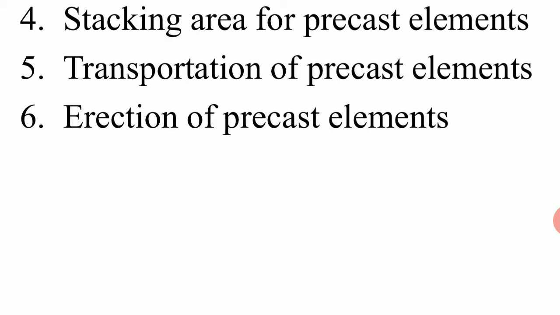Before that, we place them at a safe area, so that whenever they are required at the construction site, we can shift them from the stacking yard to the required location. Because as part of the advantage, when we don't have a proper storage area at the construction site, only then will we prefer these precast elements, right? I mean, the prefabricated concept.